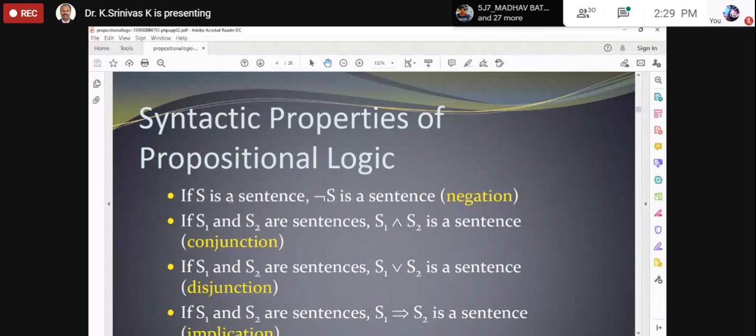Now, the other one is conjunction. There are two cases, two sentences. Your work will be executed based on both the sentences being positive or both the sentences being negative.